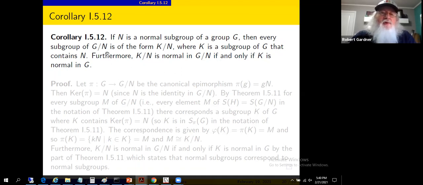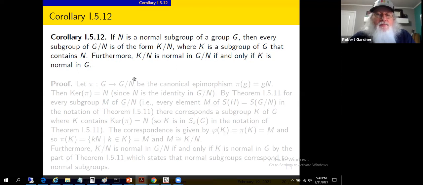And they're saying subgroups of the quotient group are of the form K mod N, where K is some subgroup of G that also contains N. So they're giving you the structure of subgroups of a quotient group, and they relate, in a sense, to subgroups of the original group of a certain sort: subgroups that contain this capital N as a subgroup. That capital N being normal in G would also be normal in K, so we don't have any concerns about K mod N.